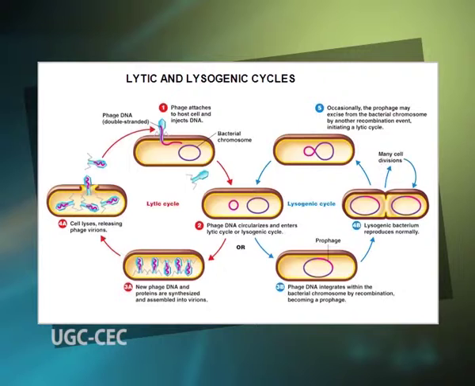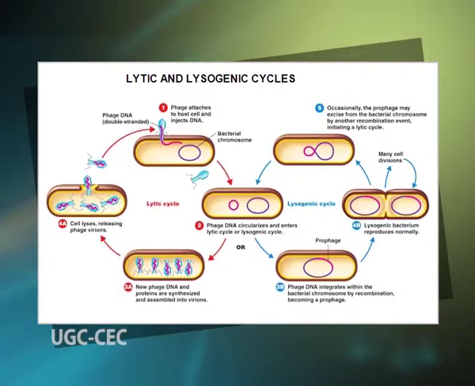In the second stage, phage DNA circularizes and enters the lytic cycle or lysogenic cycle. In the third stage, new phage DNA and proteins are synthesized and assembled into virions. And in the fourth stage, the cell lyses and releases phage virions.